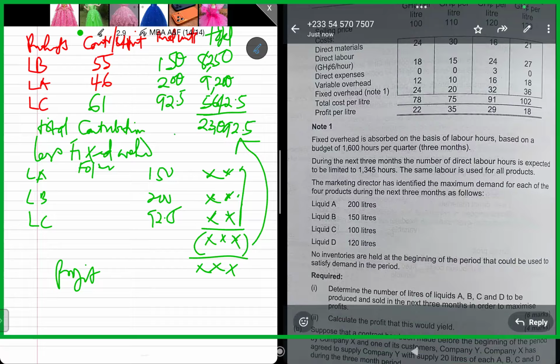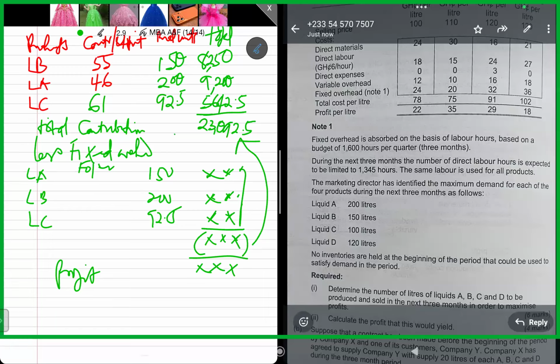In other words, the fixed overhead figure they gave there is fixed overhead per hour, because it says it is absorbed on the basis of labor hours based on a budget of 1,600 hours per quarter, for 3 months, right?